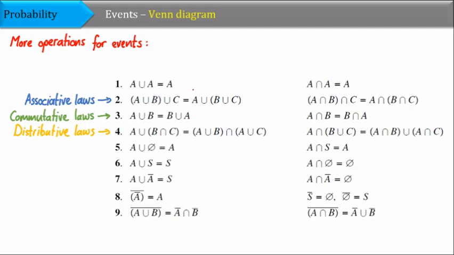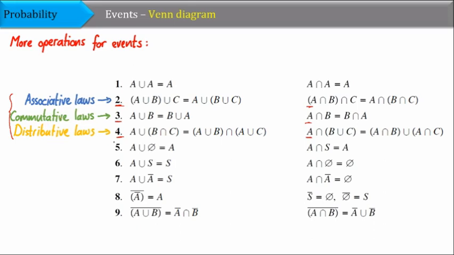We also have rules that guide them. So here's a list of the operations. The three most important ones here are the associative laws, the commutative laws, and the distributive laws, each with a first part and a second part. Now these three should sound familiar because you have exactly the same for your arithmetic that you learned at school as well.